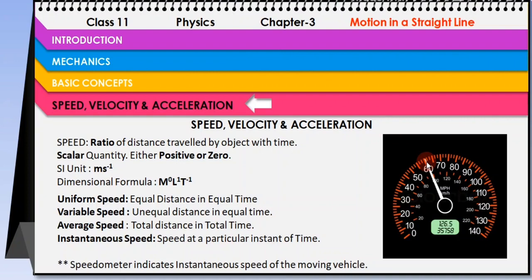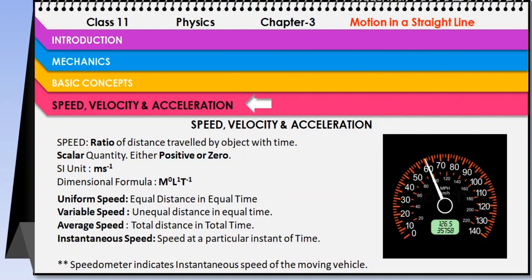But if I ask what was the speed of this vehicle exactly at the 35th second, will you be able to answer? No. Why? Because when we say that the car has moved from 0 to 60 kilometer per hour in 1 minute, we don't talk about any particular instant. We talk about a range of time, that is from 0 to 60 seconds.